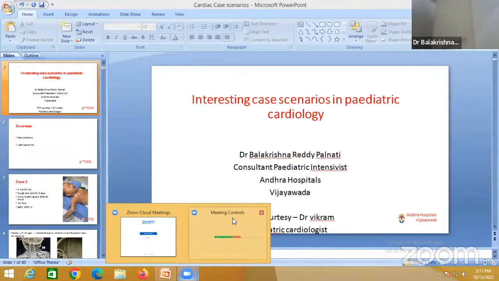And I hope this will enlighten many of you about dealing with cardiac emergencies, which are so common and which many of us are not aware of. Because we have a cardiologist, now we are getting more awareness. But when I was doing my PG and in the earlier years of my consultancy, I was not aware of these cardiac emergencies. I hope it will be useful for all of you.